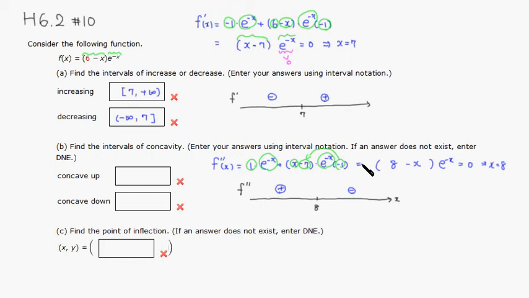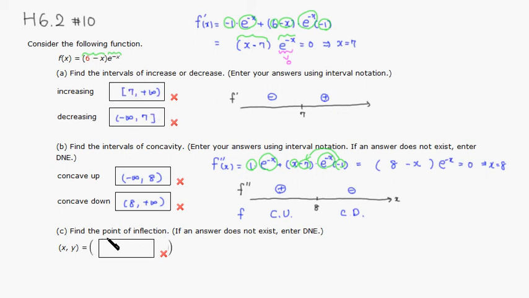So the concavity here is concave upward and here is concave downward. So it's concave up on the interval from negative infinity to 8, and concave down on 8 to positive infinity. We typically do not include endpoints for concavity, but for increasing and decreasing behavior, we include the endpoints.